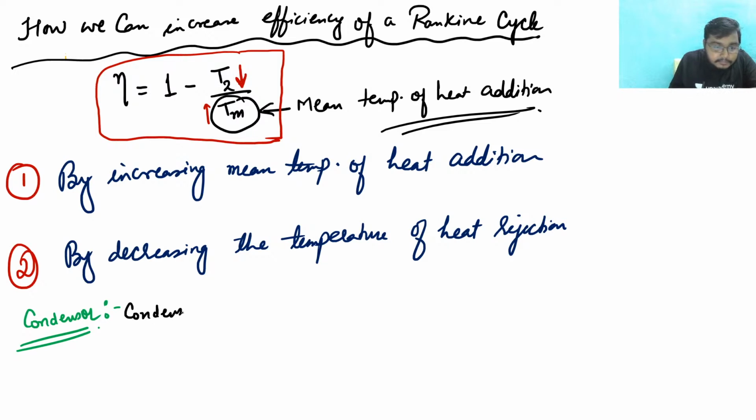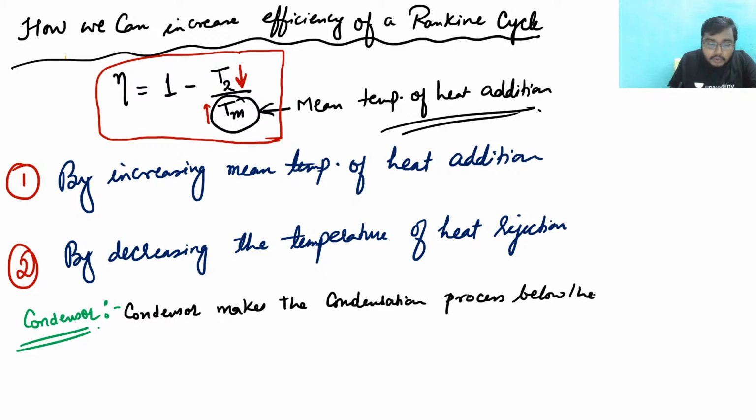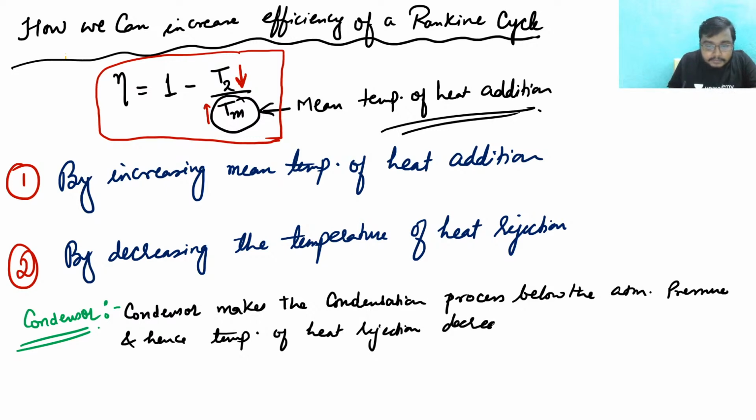The condenser makes the condensation process below the atmospheric pressure, and hence the temperature of heat rejection decreases.